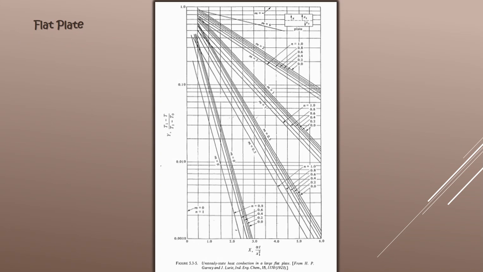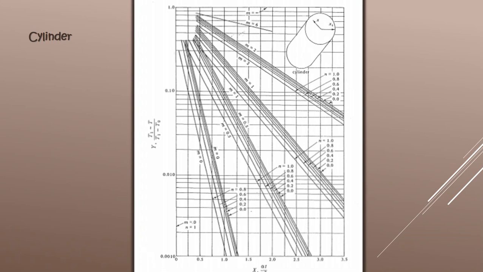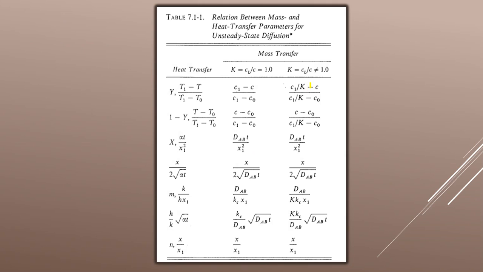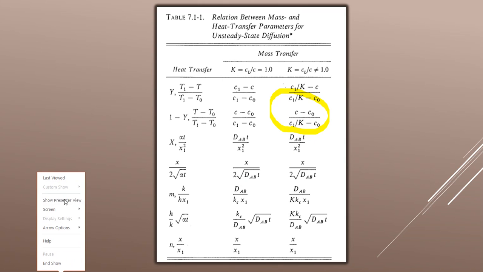So we'll go to our table again. For a value of K that is not equal to 1, our 1 minus y is this. So this is the formula that I have written on the board: C minus C0 over C sub 1 over K minus C0. So we will go back to our board.